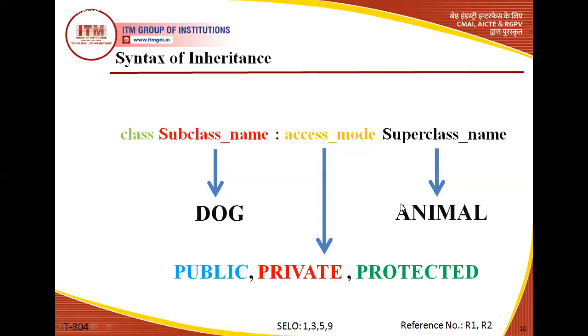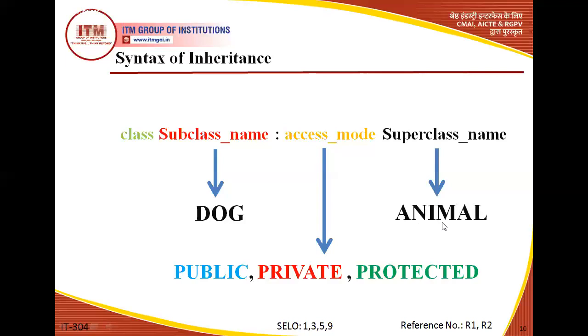Before inheriting, you must ensure that you have already made this animal class. How to create a class, the idea with examples and syntax, I have already explained in my lectures number 2 and 3, so you can refer to those lectures.